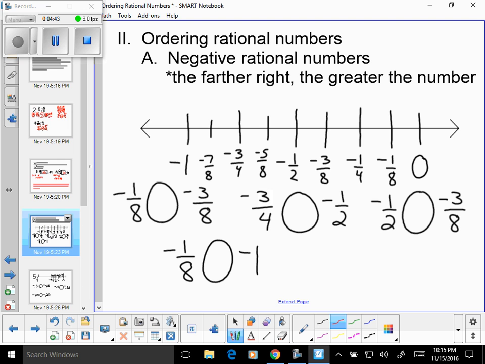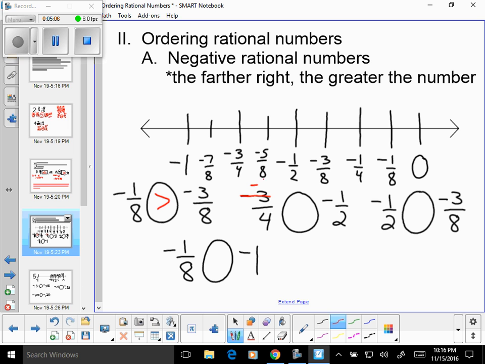Now, if you do have a number line, it's really great because farthest to the right, the greater the number. And it's easy to see in our first problem that -1/8 is more to the right than -3/8, so -1/8 is greater than -3/8. But the truth is, you can use that same shortcut method.